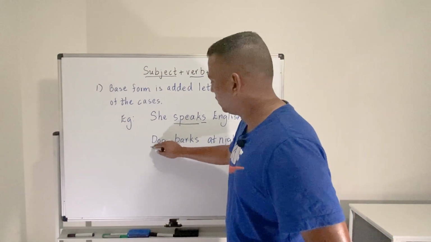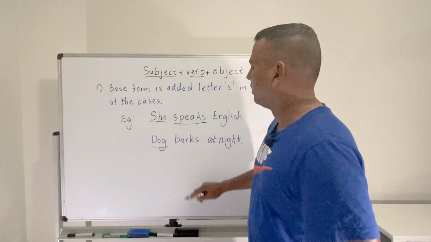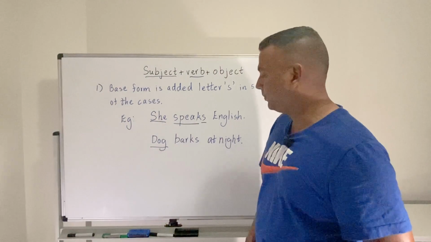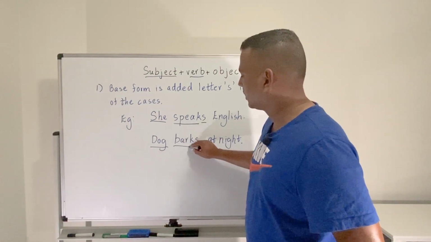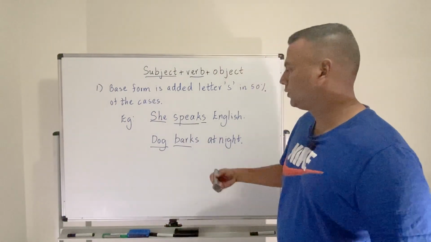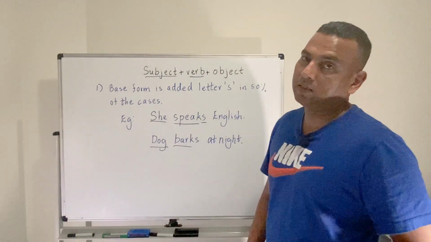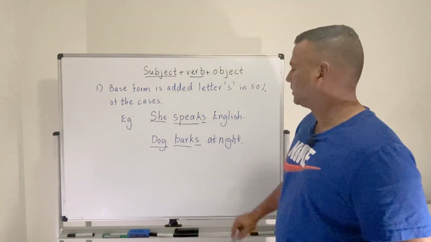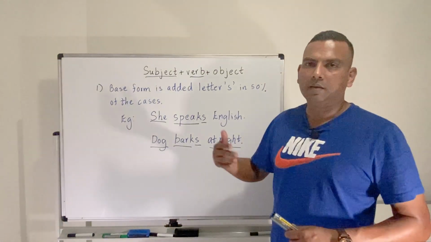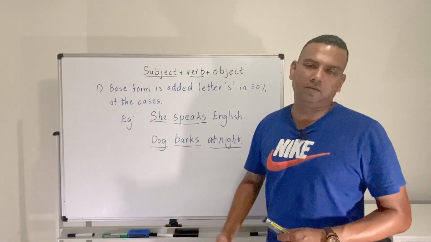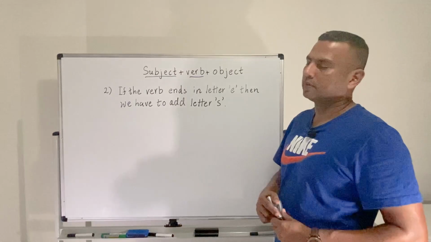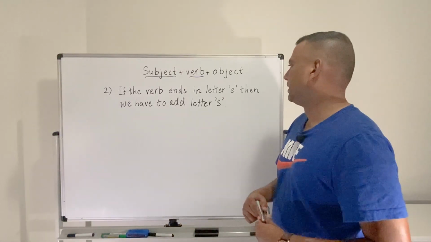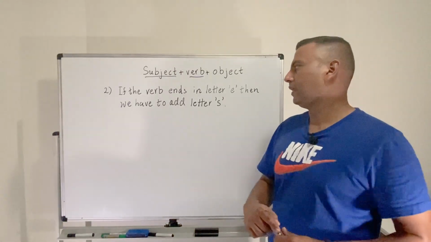Okay, so we use the dog as the subject and you can't say just bark, so you have to add either S or ES, but here we have just added S. බල්ලා රැට බුරනවා.